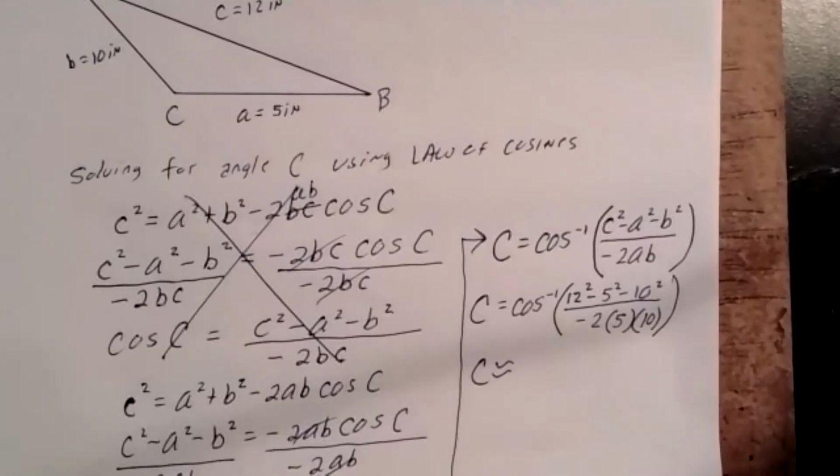Make sure we can do this calculation on our calculator. So take the inverse cosine. This is not an elementary calculation, so make sure that you're able to do this on your machine. You may have to use some parentheses.